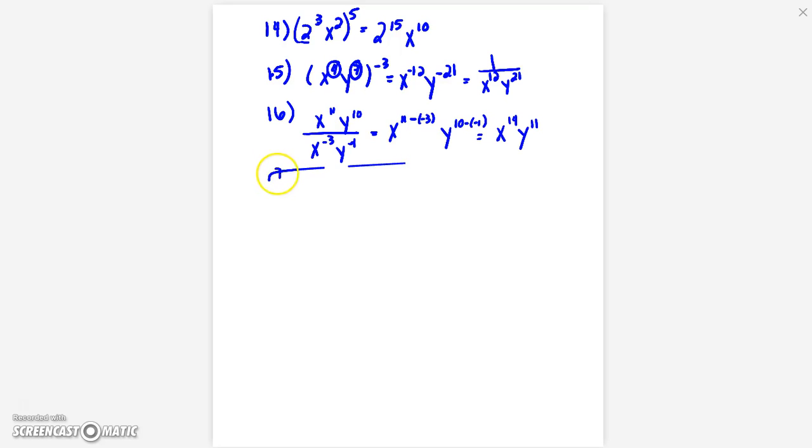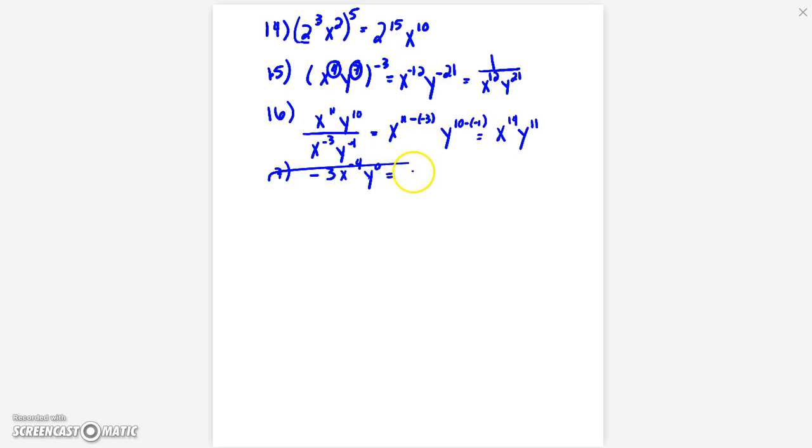17. Oh, this is easy. You guys are going to kick yourselves if you were struggling with this. Negative 3x to the negative 4, y to the 0 power. Y to the 0, this is all you have to do. Y to the 0 power is just 1.